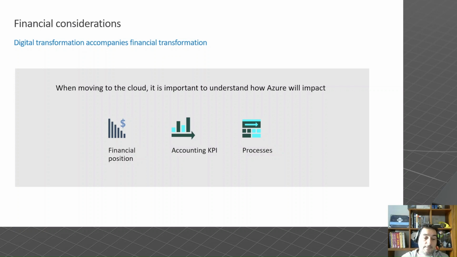The CIO was not properly prepped to handle that conversation in this case. Once he got to the board, once they saw the slides, that was a language they did not understand.